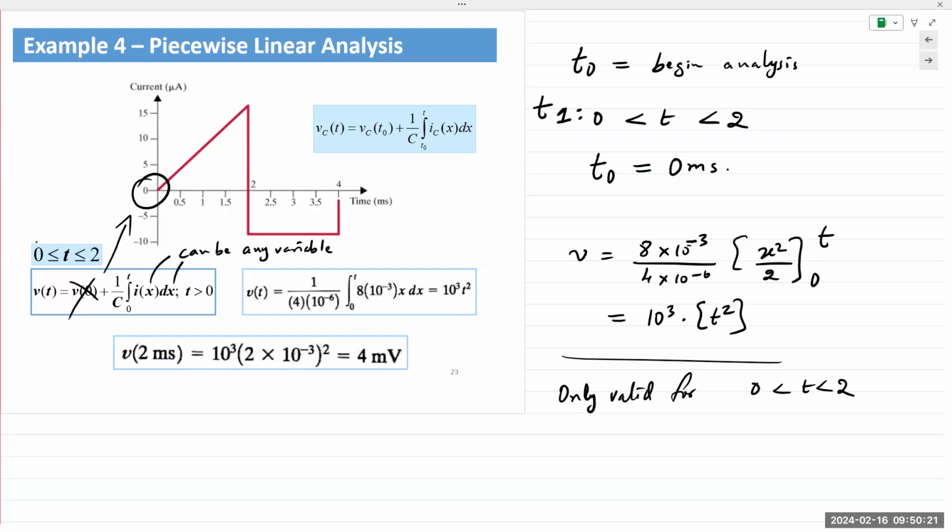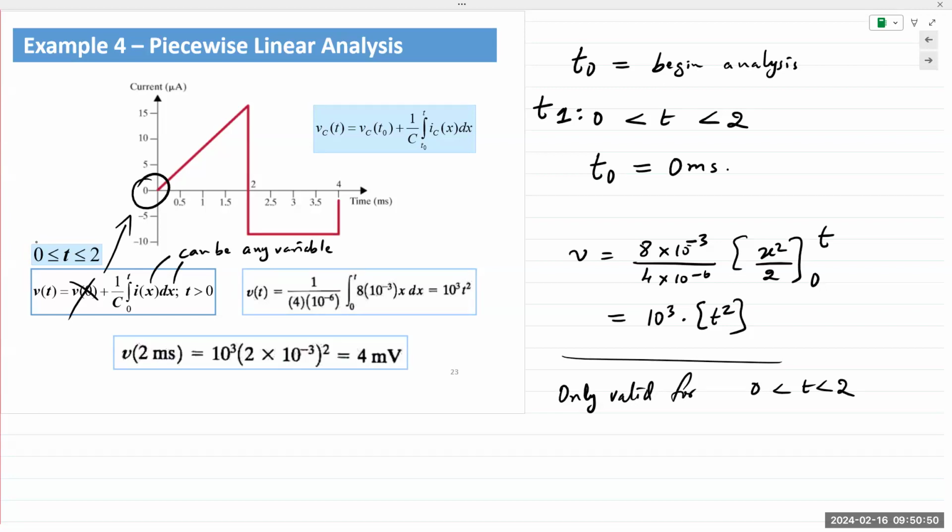When we get to the next portion, the value changes. But we do need to find the value at 2 because the energy stored in that capacitor at the end of the first time period is the initial stored energy for the second time period.